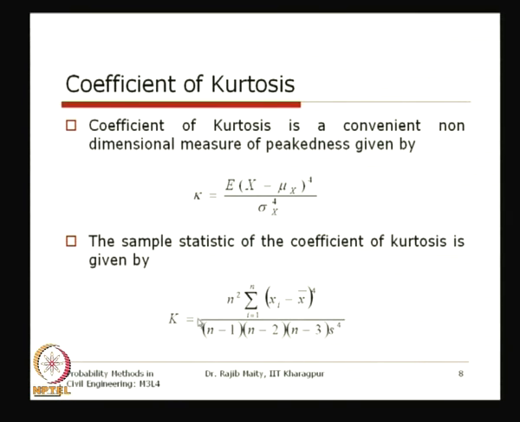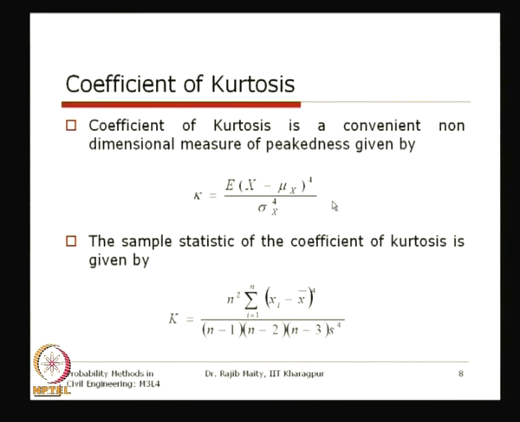Now this one will be equal to 3 in the case of the most used distribution, known as the Gaussian distribution or normal distribution.